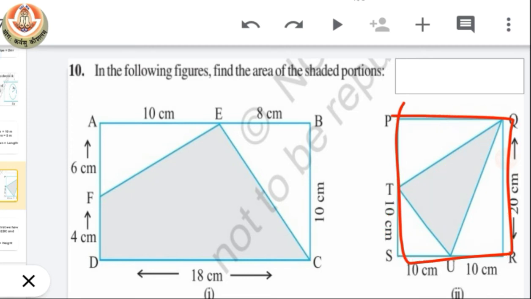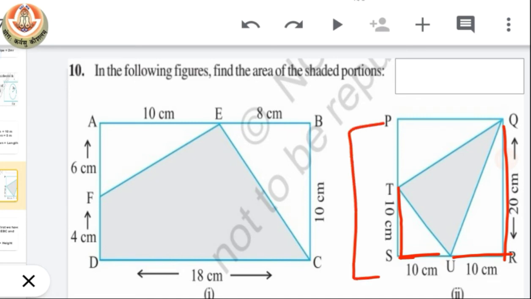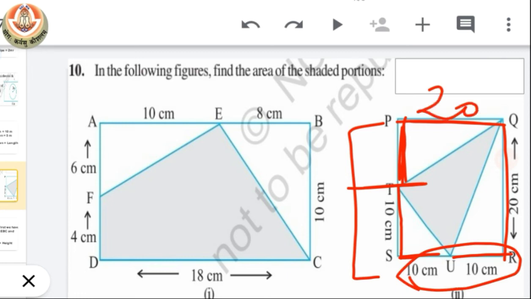Now you can see that the base is 10 centimeter and height is 10 centimeter, and its height is 20 and base is 10. So if this is 20 and this much is 10, it is obvious that this is 10 centimeter and this is 10 plus 10, 20 centimeter.